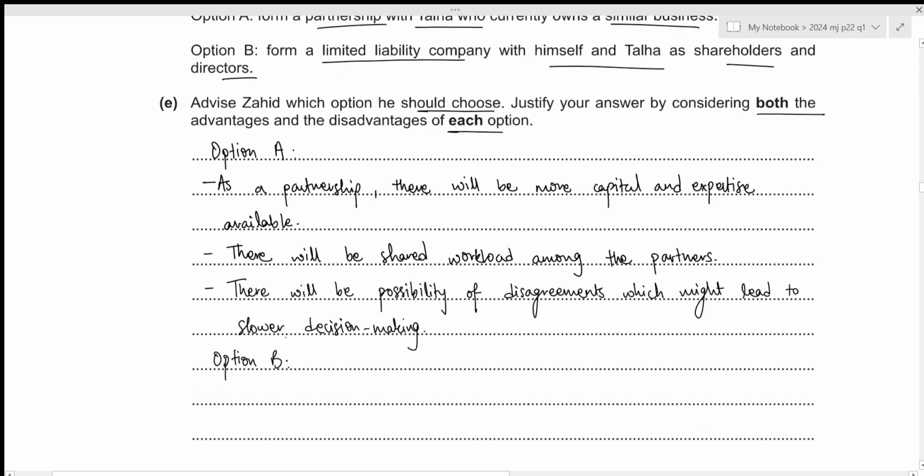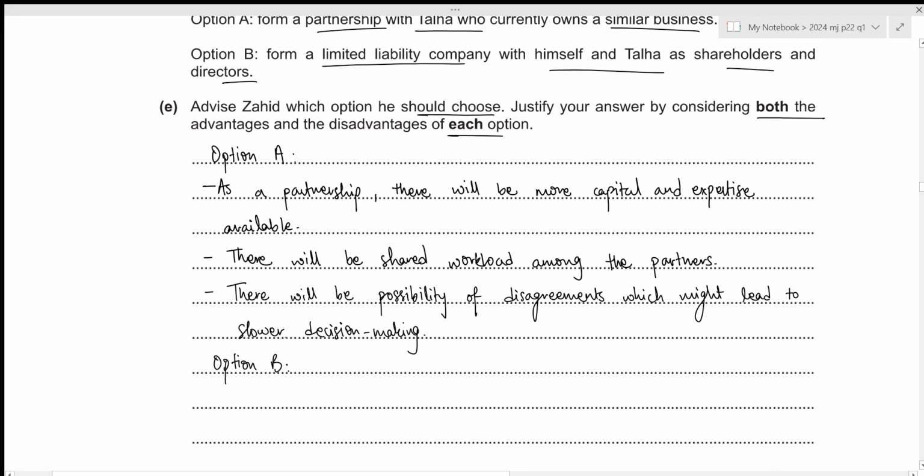So option B is to form a limited liability company with himself and Talha as shareholders and directors. Since we are talking about a limited liability company, the major advantage would be that the business will now have a separate legal identity and there will be limited liability for debts of the business. Let's write it down.